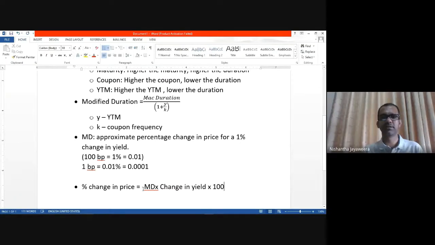I just put this minus sign at the beginning.